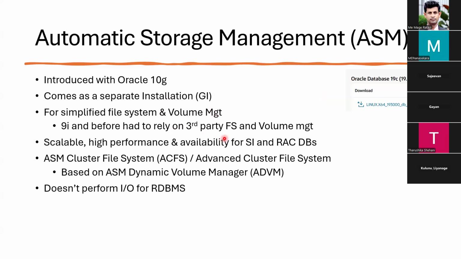As an example, if you have a 100 GB disk getting attached to ASM, then ASM will take that into one of its disk groups. We will talk about disk groups later, but it could take it to one of the disk groups, and then the disk group will grow by 100 GB based on the configuration that you have. So it is very scalable, right?